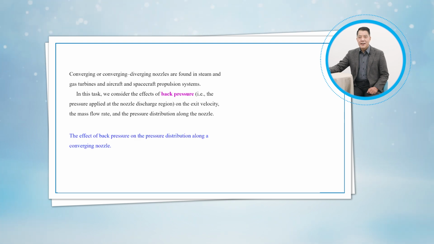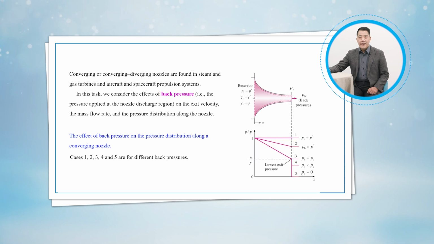Let's check the effect of back pressure on the pressure distribution along a converging nozzle. Cases 1, 2, 3, 4, and 5 are for different back pressures as shown in the figure.